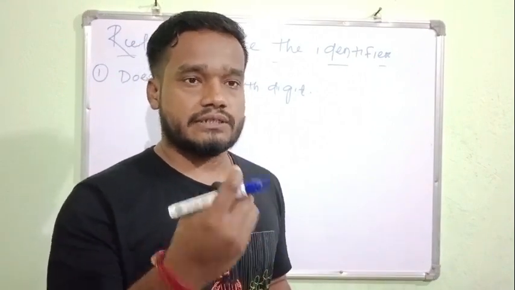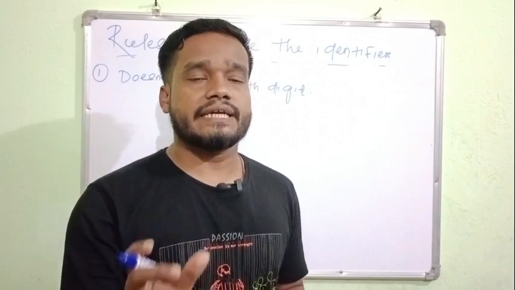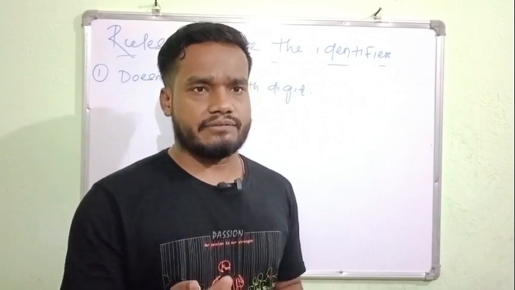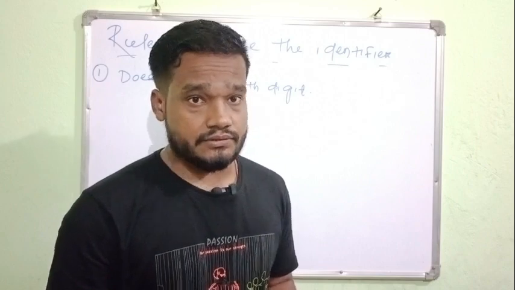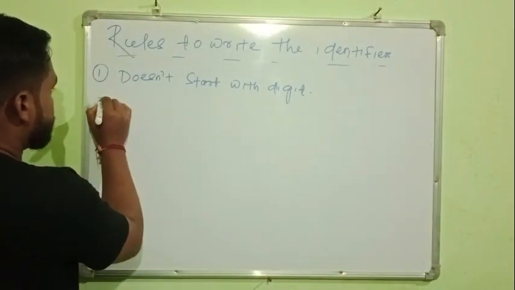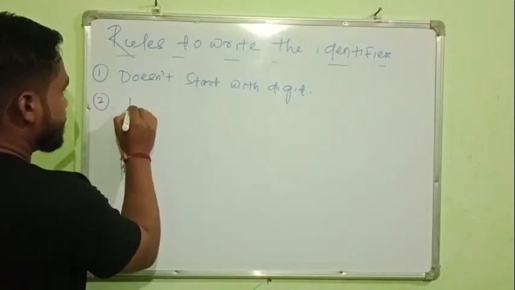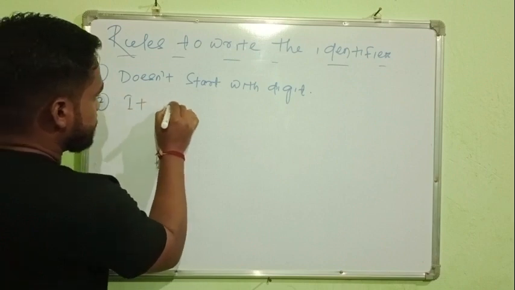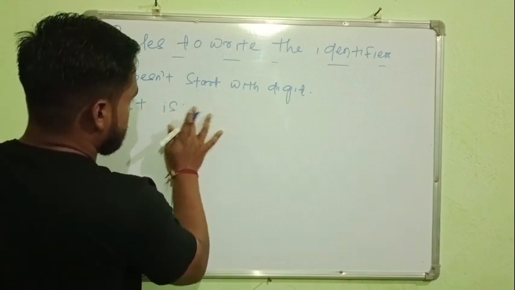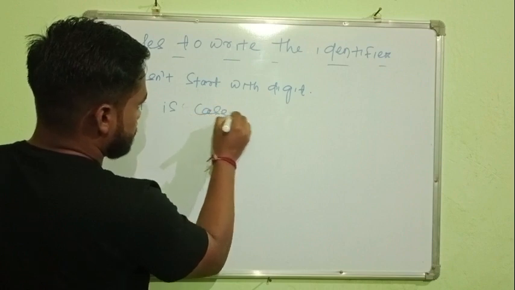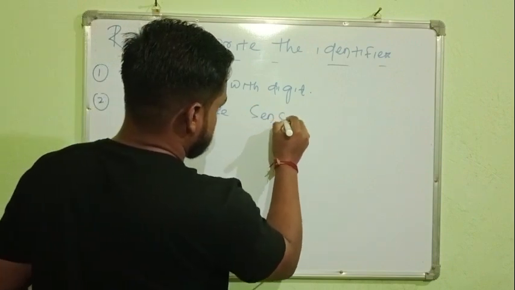If we will write a digit at first in a variable, then it can't be an identifier, but it can be a variable. So second point will be it is case sensitive.